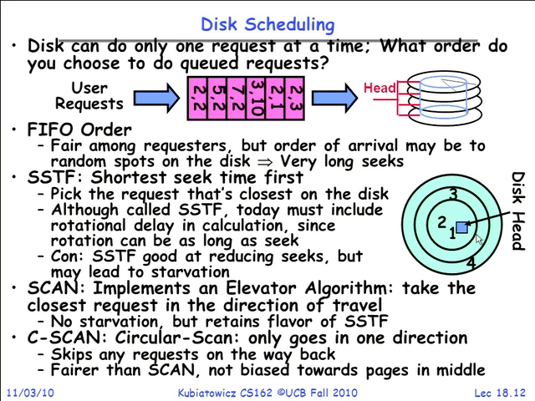This probably doesn't limit file systems that much. It does limit the amount of optimization that, say, databases used to do when they knew where every block was on the disk. We'll get to that part in a little bit.